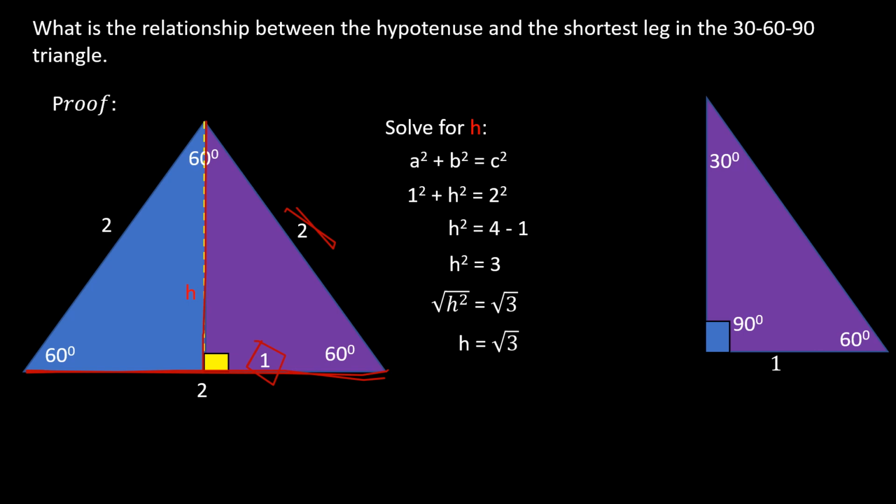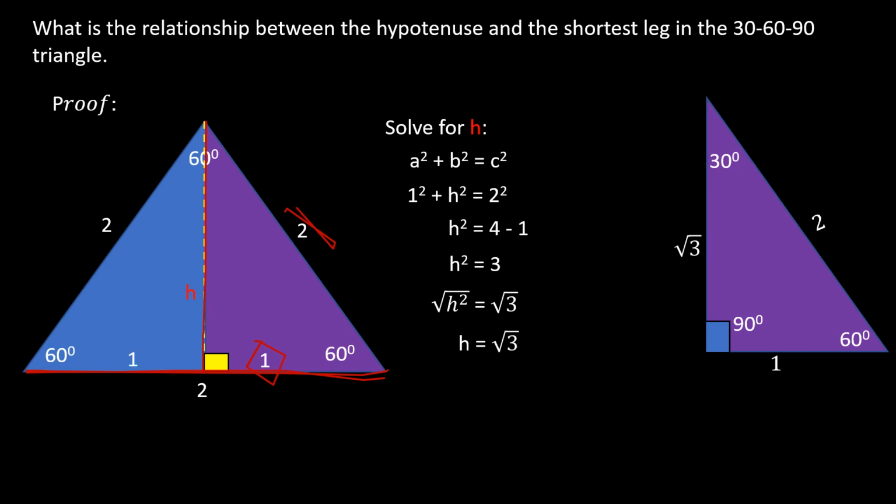The opposite of 30 degrees becomes 1. The opposite of 90 degrees, which is the hypotenuse, is originally 2 from our original equilateral triangle, which becomes now the hypotenuse of this right triangle. And the opposite of 60 degrees is now square root of 3.